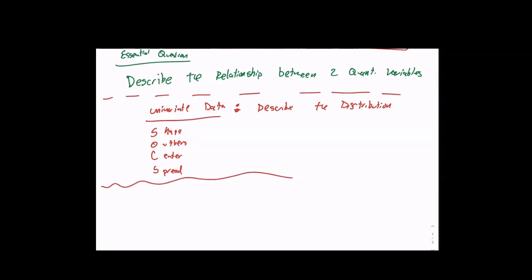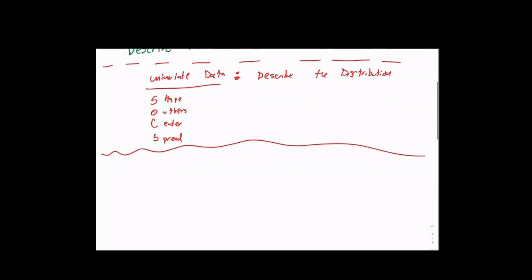But that's what we did for our previous unit, right? Units 1 and 2, our main focus was on describing the distribution of one quantitative variable. We also had in there the two categorical variables as well.